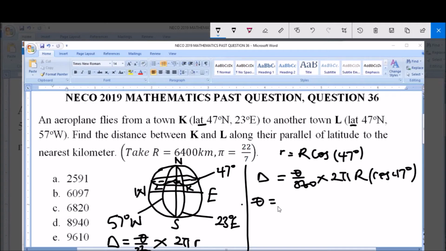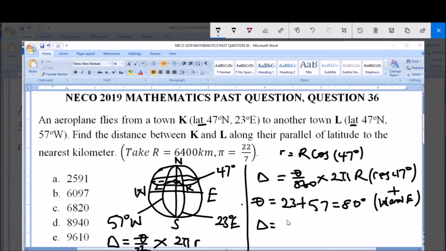So theta equals 23 plus 57, which is 80 degrees. But if both are east or both are west, we subtract. And so theta is 80 degrees.